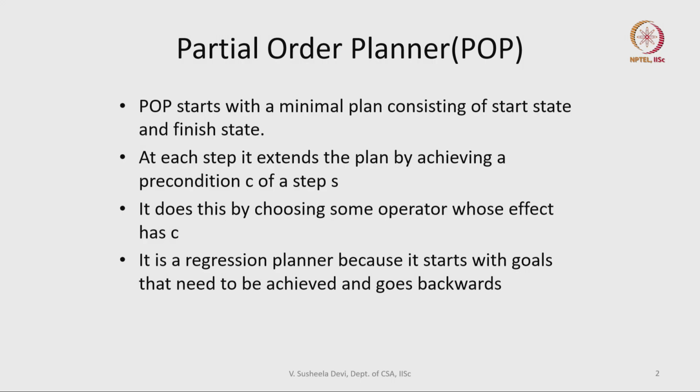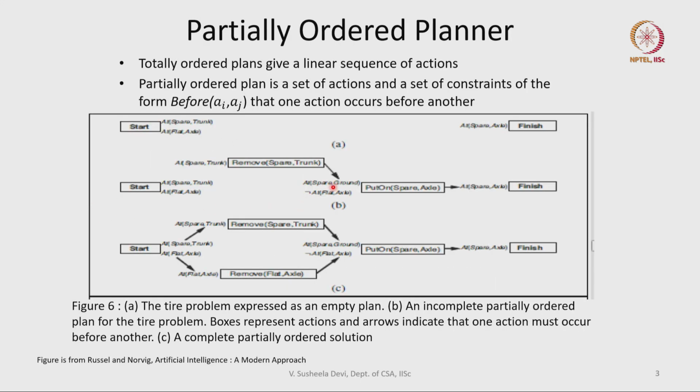So the partial order planner basically starts with just the start state and the finish state. So what we basically do is, this is the finish state and this is the start state. So the plan consists of an incomplete plan.